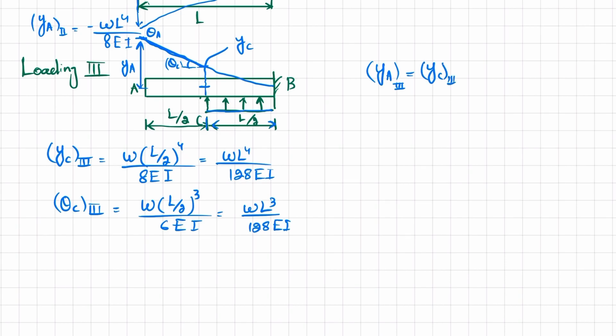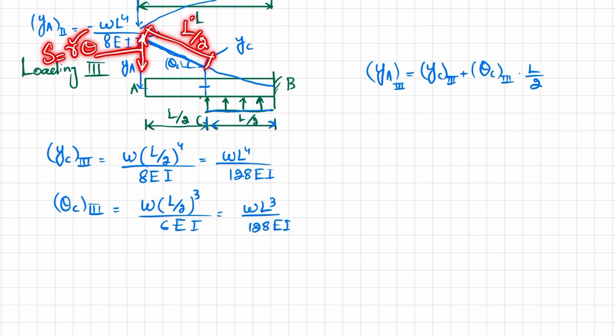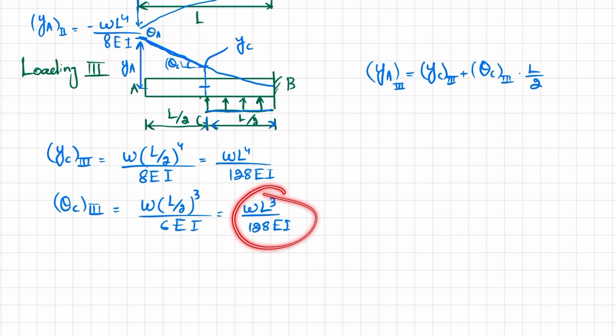And this is for loading 3. So YC3 plus theta C3 into L by 2. I will explain it. You can see this YA will be equal to this YC, clear, and this remaining distance is L by 2, with angle theta C. So by using S equals R theta, R is L by 2 and theta is this one, so you can put it in and you will get this displacement.